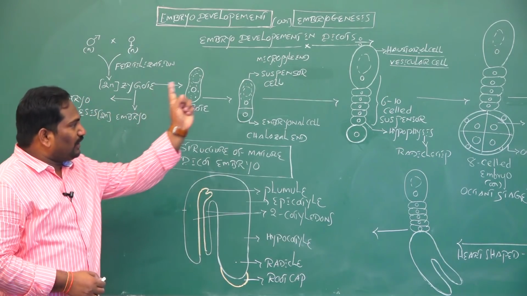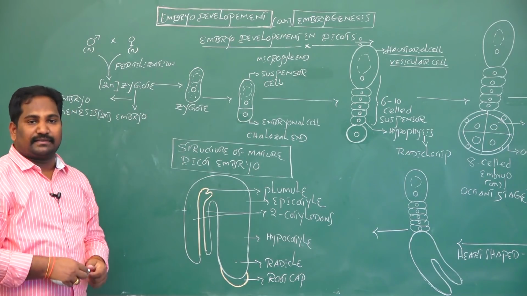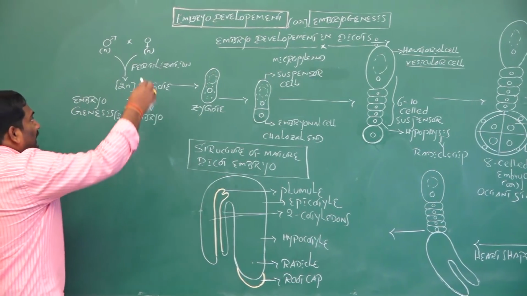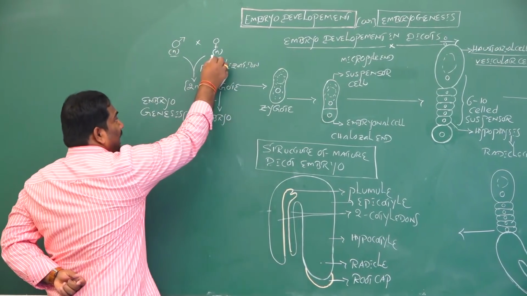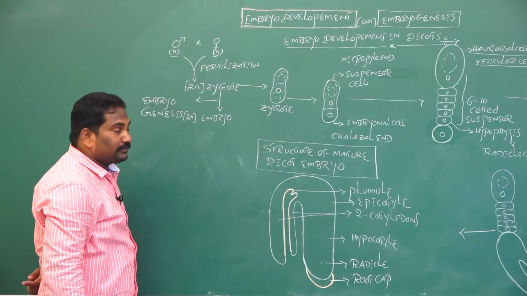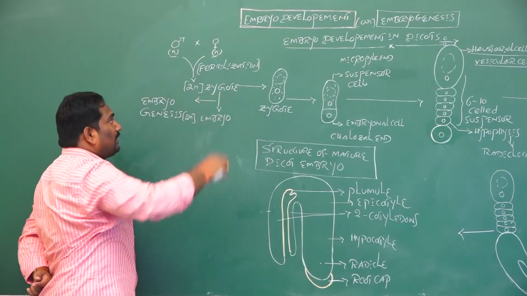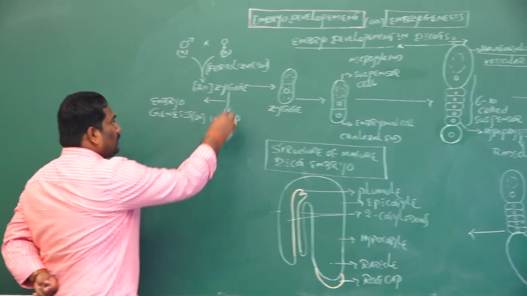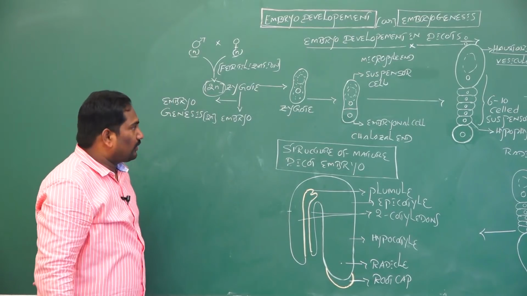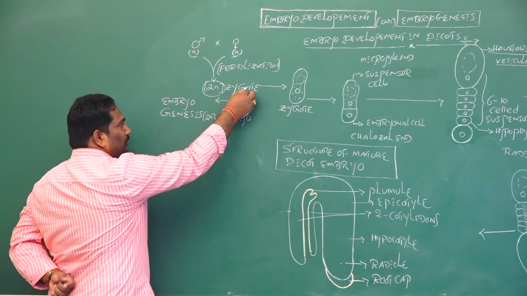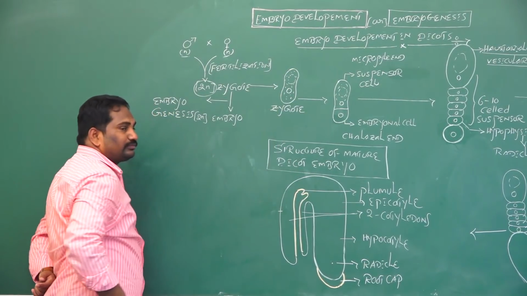Before going to the development of embryo, let's discuss what embryogenesis is. When a haploid male gamete fuses with a haploid female gamete by the process of fertilization or syngamy to form a diploid zygote.